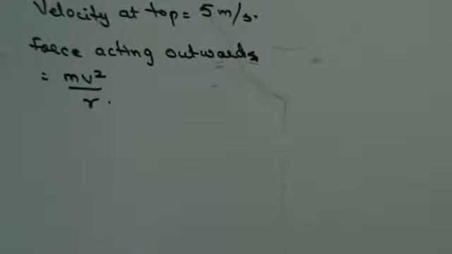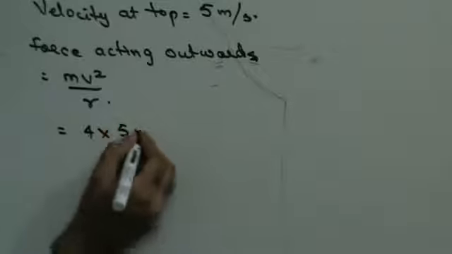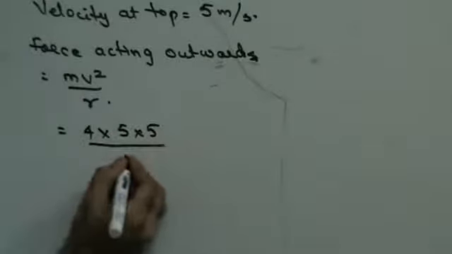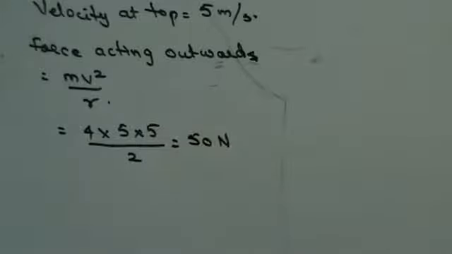That is the force that is going to be acting in outward direction. I know m, I know v. They've given me velocity, V is given to me, r is given to me. So mv square by r is 4 into 5 into 5 upon 2. So this is going to be 50 newtons. That is going to be the force acting in outward direction.